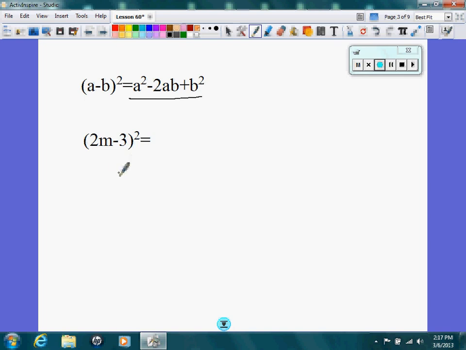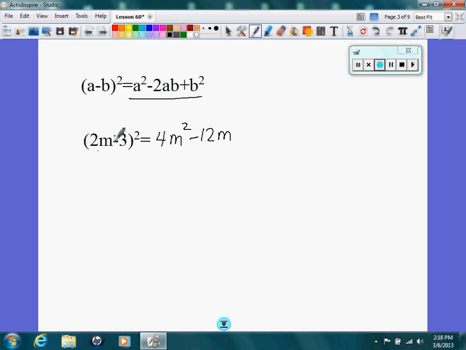Okay, so let's do this problem. 2m minus 3 squared. Well, a squared, a is 2m, so 2m times 2m is 4m squared. And for 2ab, a is 2m, b is minus 3. 2m times minus 3 is minus 6m, but we have to multiply it times 2, so we get minus 12m.